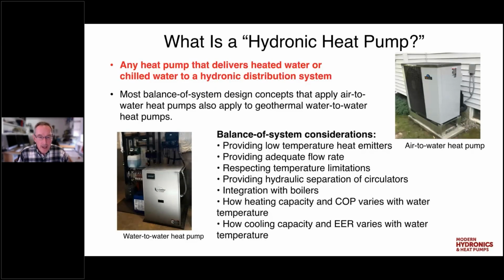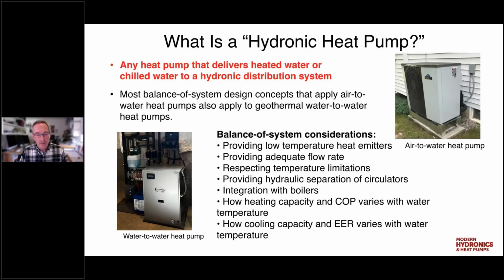So what are those considerations? Well, many of them have to do with temperature. What are the heat emitters that are going to be used with these heat pumps? Were they designed around higher temperatures than the heat pumps can provide? And another area is flow, the flow rate that these heat pumps require relative to what might be required with, let's say, a cast iron boiler.